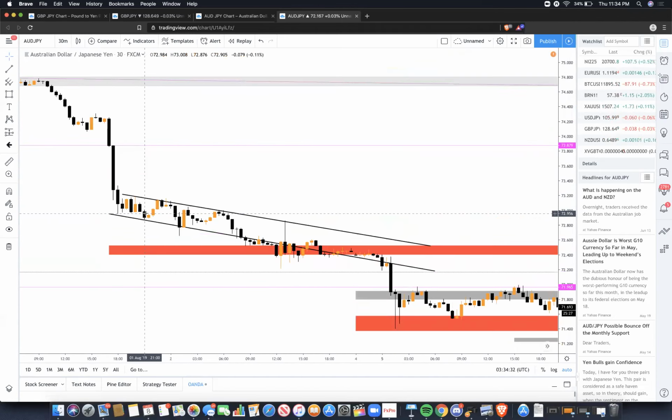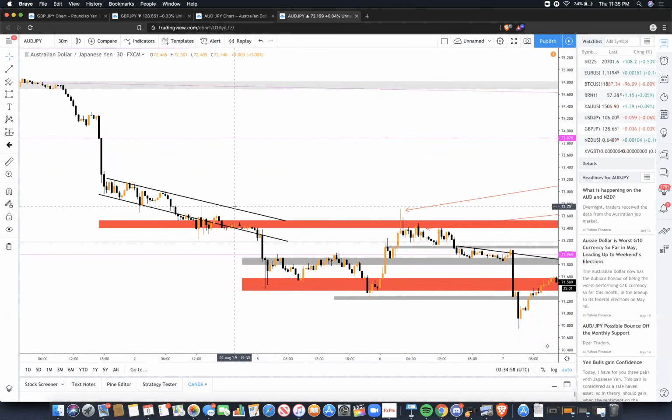So how many times did the market touch this area here? 1 touch, 2 touches, 3 touches, 4 touches. The market couldn't break that resistance. What did it do? Come down, ranged right around not only this support area, but also our zone here. And once it finally broke, it broke strong.